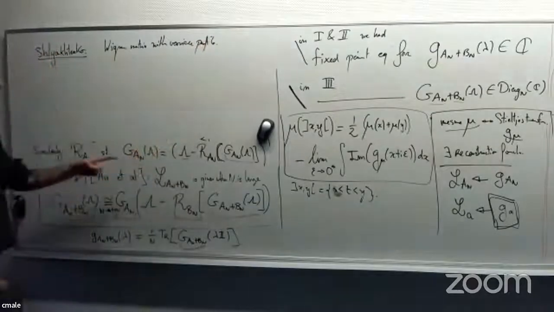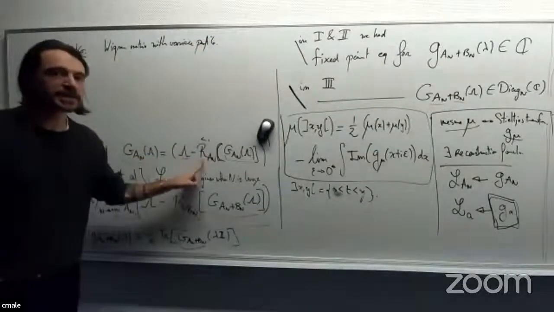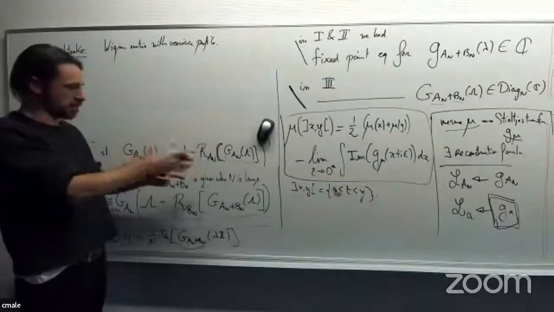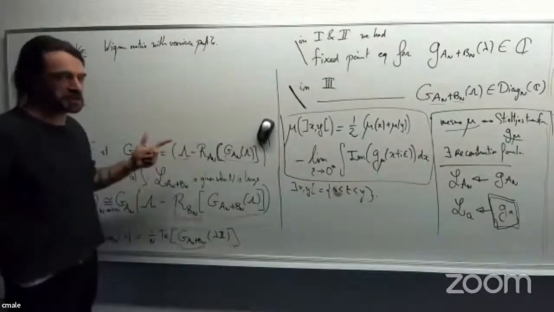What is complicated is that this definition is implicit. So you don't have a way to tackle the question where R_n of A_n equals something explicit.